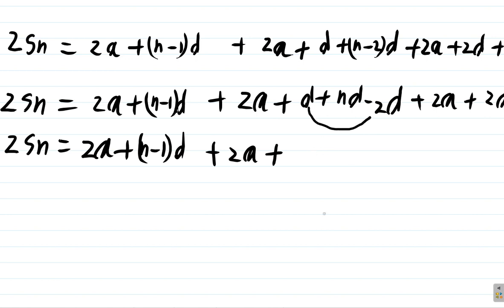This d minus 2d gives you what? Negative d. 1 minus 2 is negative 1. So d minus 2d is negative d. So this is nd minus d.